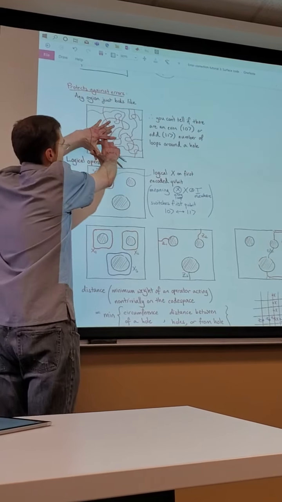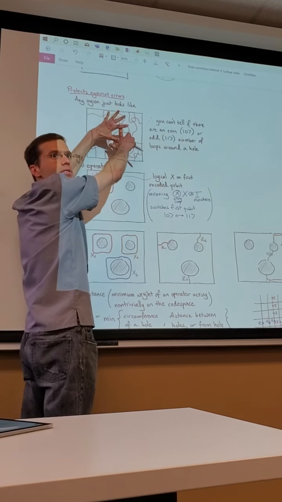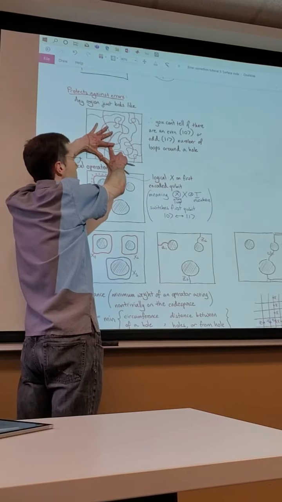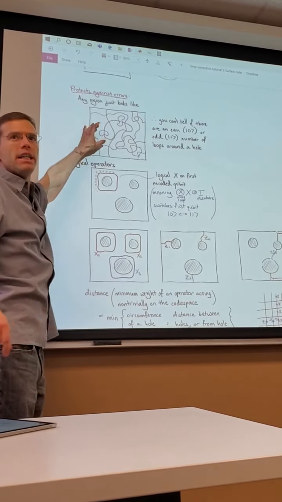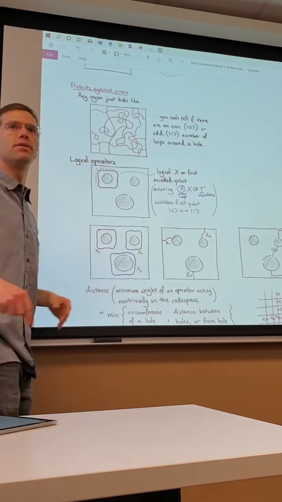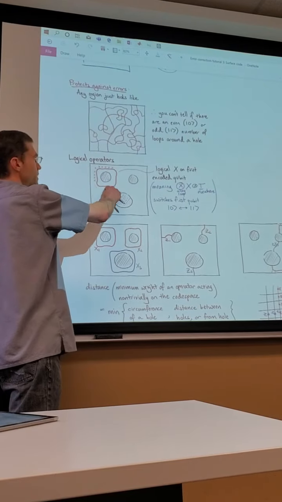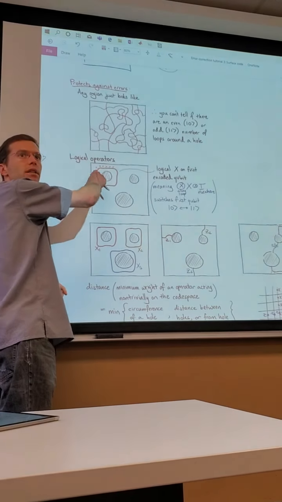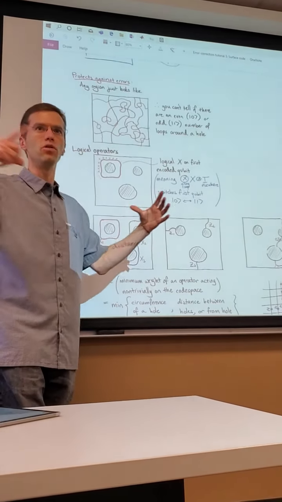Locally, it just looks like a mess. If you look at any point in here, you just see a bunch of strings. The vertices have degree 2 or degree 4, or degree 0, but you don't see any odd degree vertices, but otherwise it just looks like a mess. But globally, when you zoom out, you can see things like there's an odd number of loops around here. These kinds of global properties only appear when you zoom out and look at the whole thing.